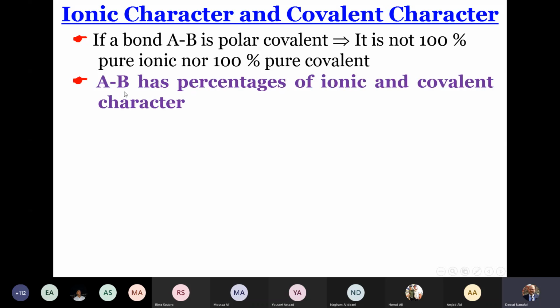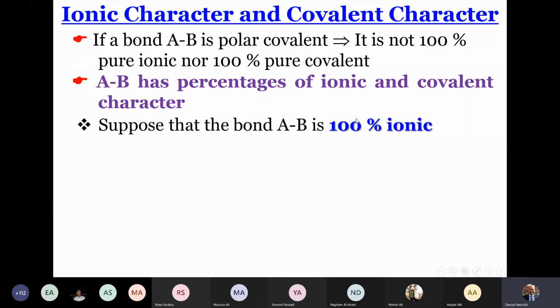So the bond AB has a certain percent of ionic character and another percent of covalent character, and the percent ionic plus the percent covalent for the bond AB is equal to 100.